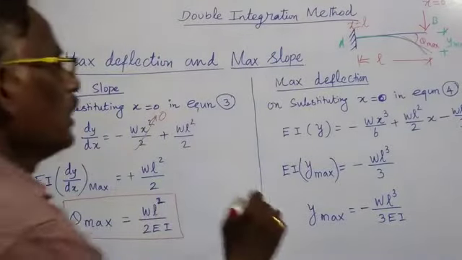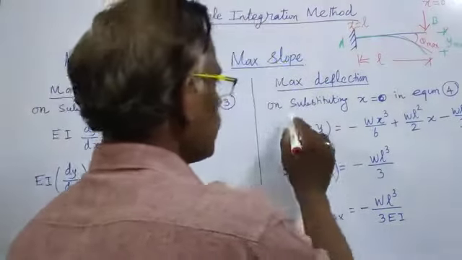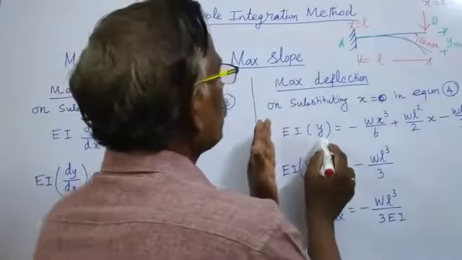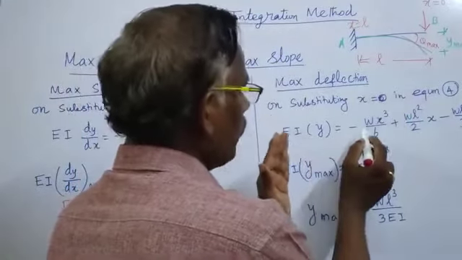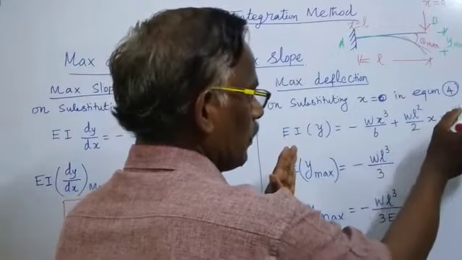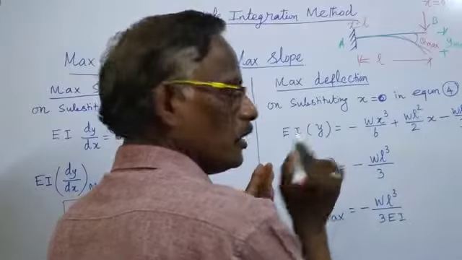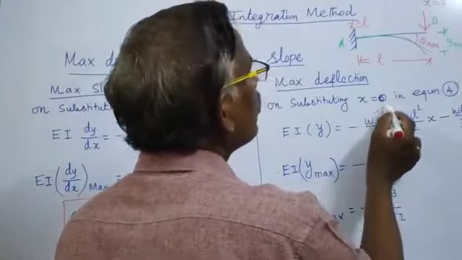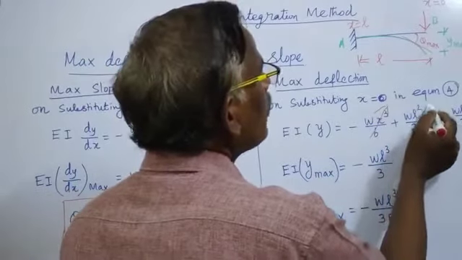Similarly, for maximum deflection, substitute x equal to 0 in equation number 4. What is equation number 4? EI y equals minus wx cube by 6 plus WL squared by 2 x minus WL cube by 3. Putting x equal to 0, this term becomes 0, and this also becomes 0.